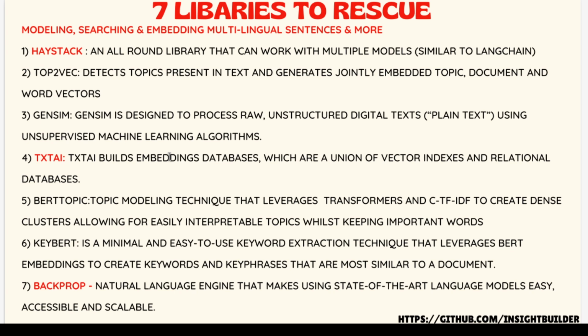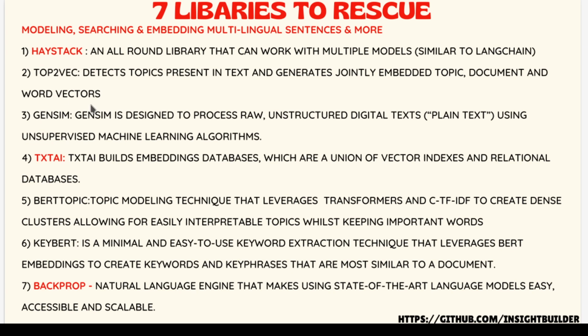Haystack also has similar kinds of pipelines, similar kinds of agents, and works with multiple large language models. Apart from working with multiple large language models, it can also work with open source models. So Haystack is very similar to LangChain, but it has very good documentation. You guys have to check it out. I'll be going to their presentation in their GitHub repo in a couple of minutes, so stay tuned for that.